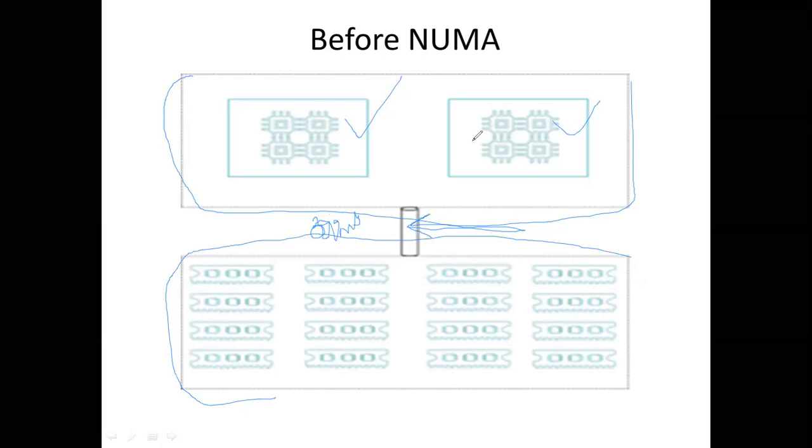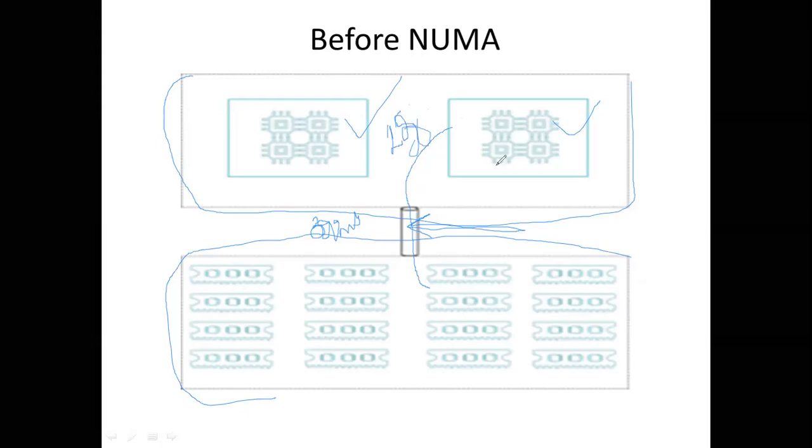Right? If this CPU was the only one using this bridge to access memory here, let's suppose it wants to write some data in this memory. If this was the only CPU using this bridge, let's suppose this CPU was sending data to memory at say maybe 250 megabits per second, for instance, right?